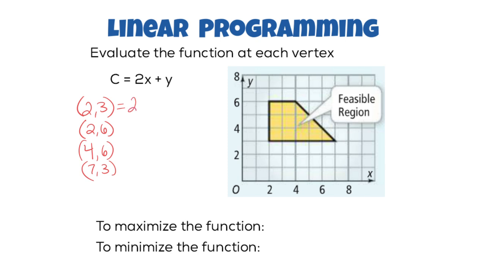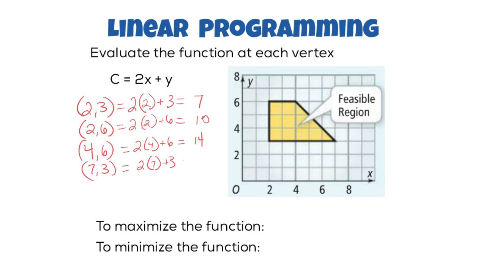So I have a 2, 3, and I'm going to plug 2 in for x and 3 in for y. And that's going to end up getting me a 4 plus 3, so that's a 7. If I do the next one, I'm going to plug 2 in for x and 6 in for y. That's 4 plus 6, so there's a 10. All right, this one's a 4, 6. That's 8 plus 6, got a 14. And the last one, 7, 3.